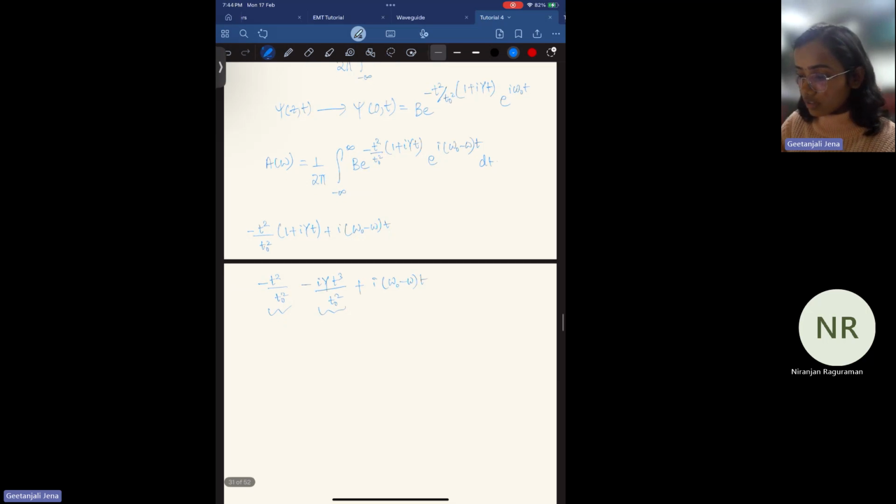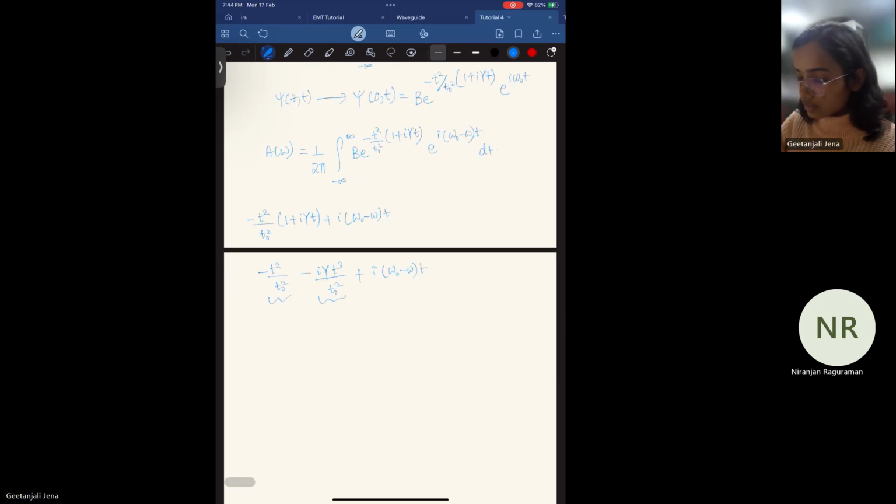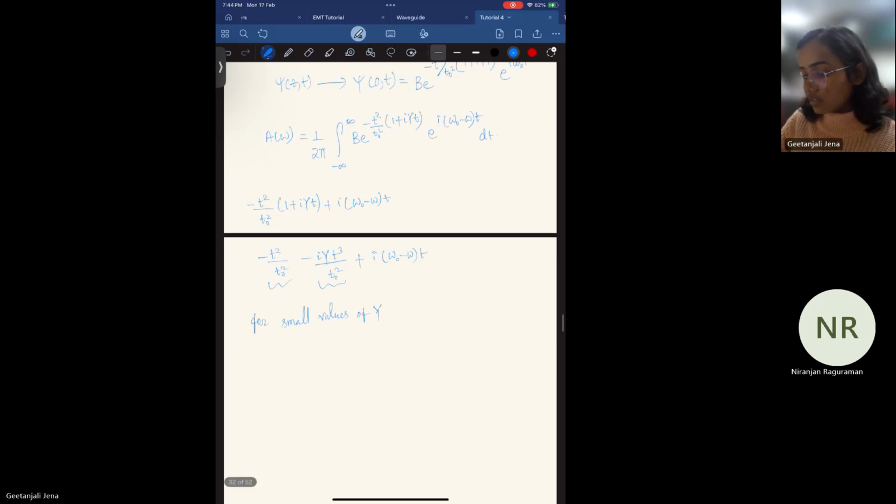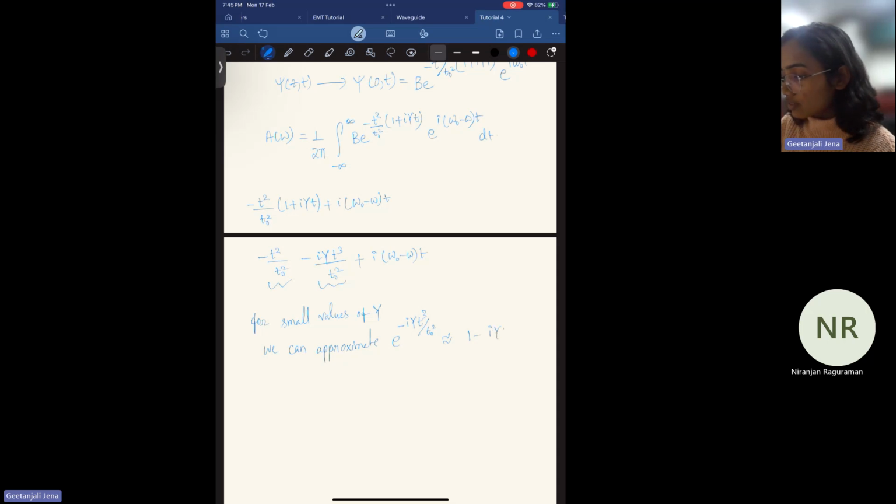When gamma is small, we can approximate the term e to the power minus i gamma t cube over T0 square, which is approximately equal to 1 minus i gamma t cube over T0 square.